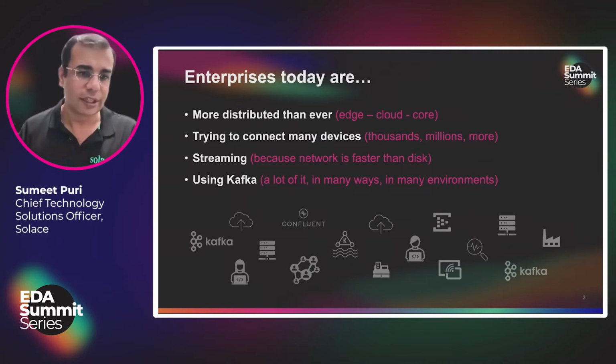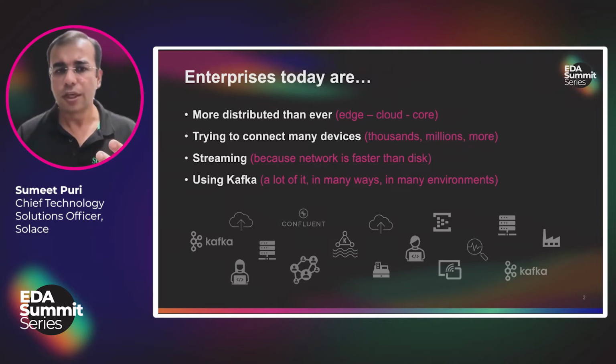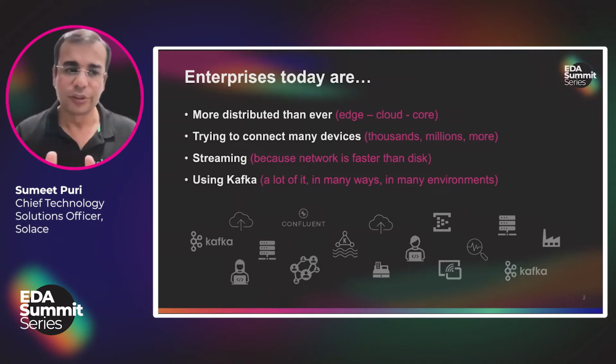And then, of course, there are on-premises and other older systems which need this information, for command and control scenarios and for real-time analytical scenarios. Because the underlying network is faster than disk today, streaming has become the predominant paradigm to do analytics and to also do command and control. And of course, Kafka has a lot to do in this evolution.